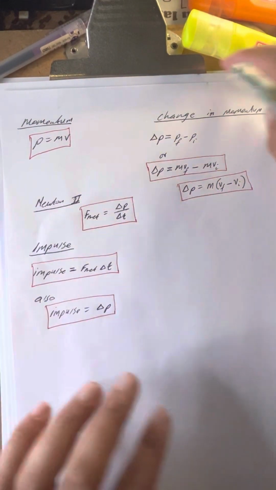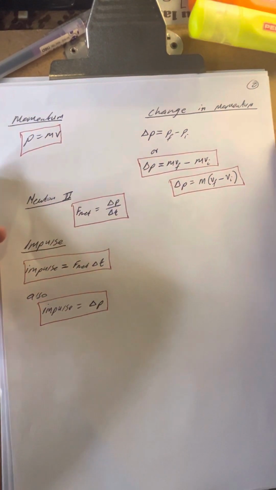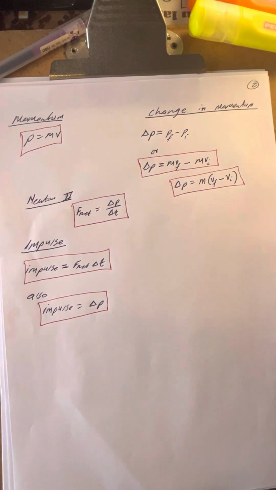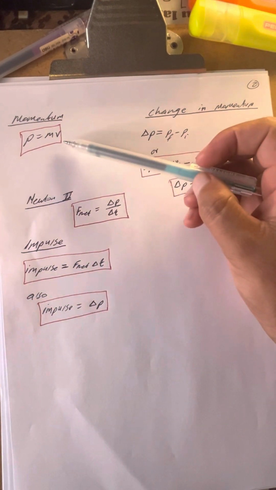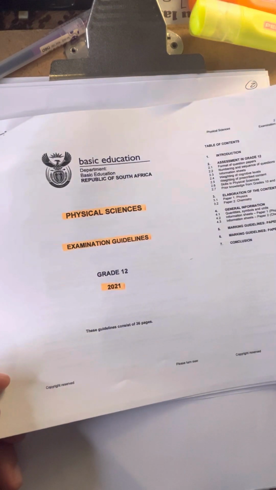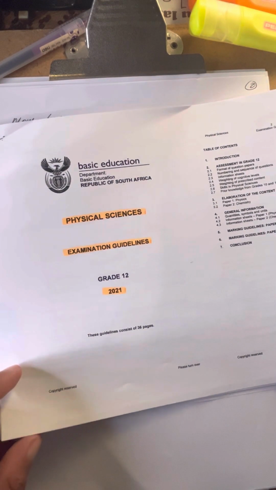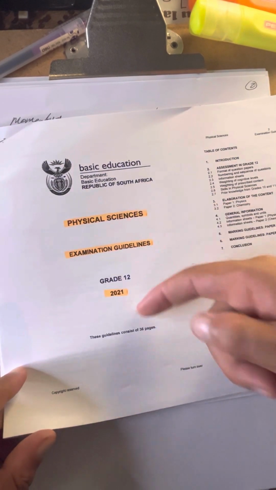Going further, the formula for momentum is p equals mv, the one that we'll be using. Please check this out on the exam guideline. Download it on the Department of Education website, the 2021 copy, Physical Science Examination Guideline 2021.